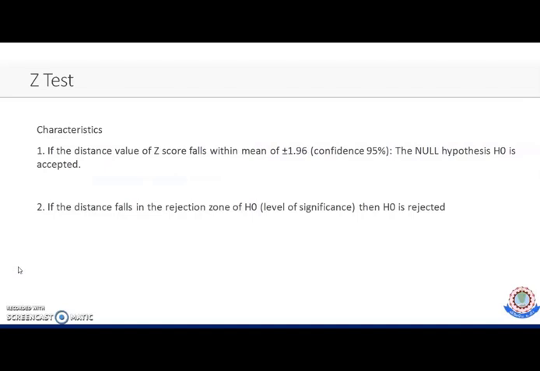And then the characteristics. Here, if the Z score falls within plus or minus 1.96 from the mean, in the zone of acceptance, that is, we can say the confidence limit is 95%, the null hypothesis H0 is accepted, or else if it deviates from the mean value, then the hypothesis H0 is rejected from the level of significance.